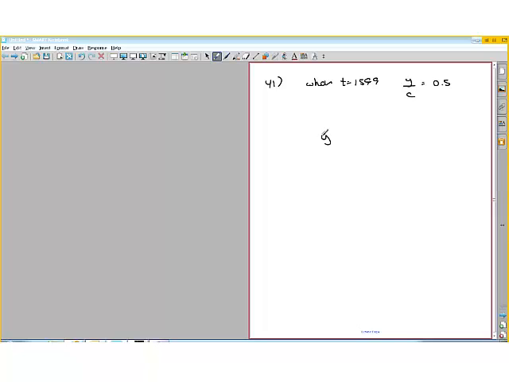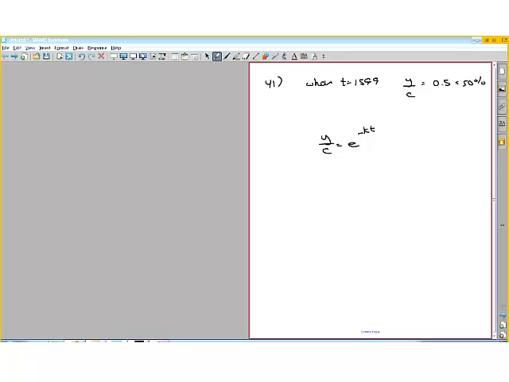And we know that Y over C is equal to e to the minus KT, because our solution is Y equals C e to the minus KT. The percentage is this ratio, so after this it is 0.5, the decimal equivalent of 50%.